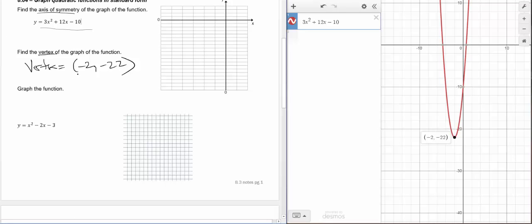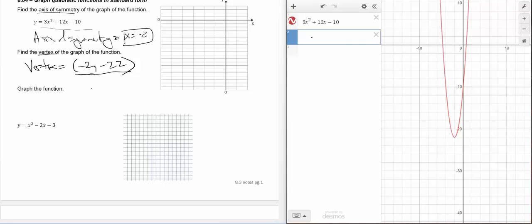So since the x-coordinate of this vertex is -2, the axis of symmetry is the line x equals -2, from a vertex of -2, -22.